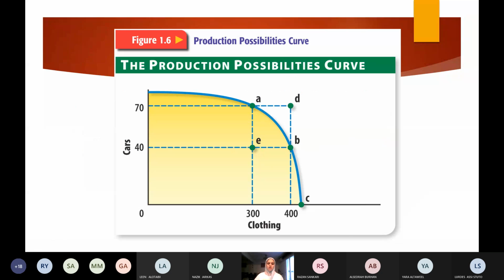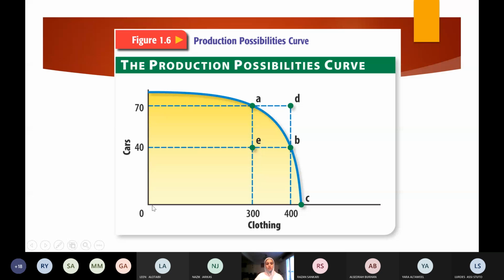The curve will go down to B because my resources are the same.